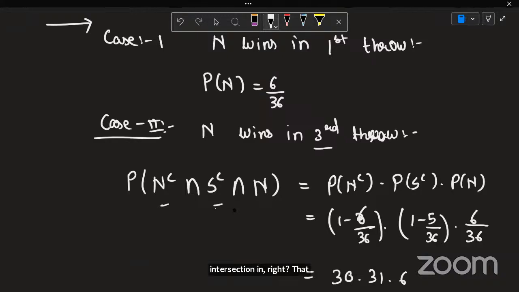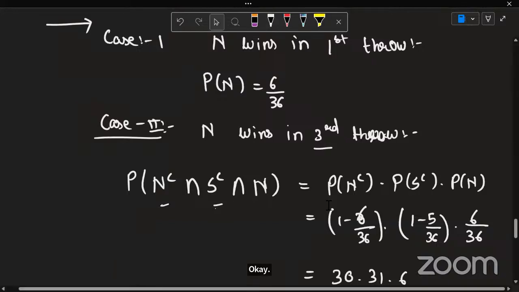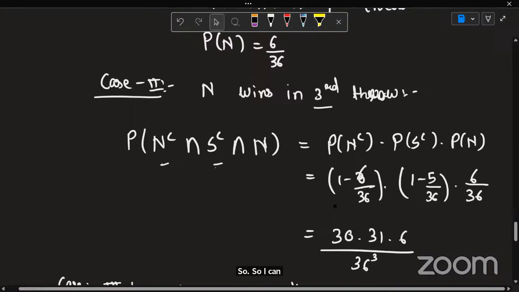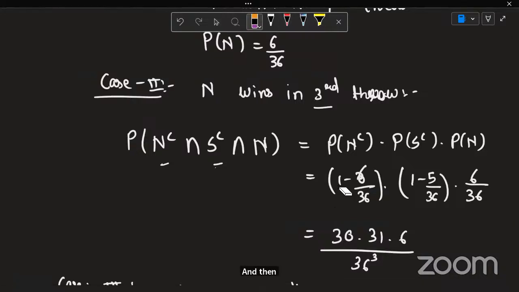In the second trial, the turn of Sam was there and he also lost. In the third trial, Nina won the match. So I calculated the probability for N complement. It is 1 minus 6 by 36. S complement is 5 by 36. And then the probability of N, right?